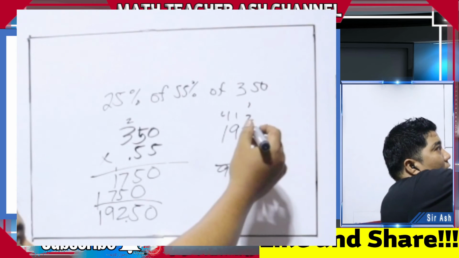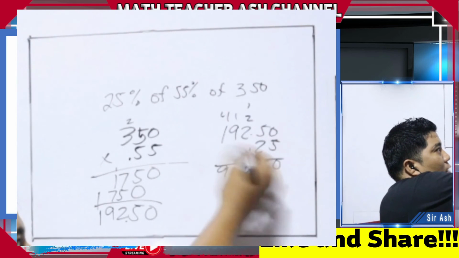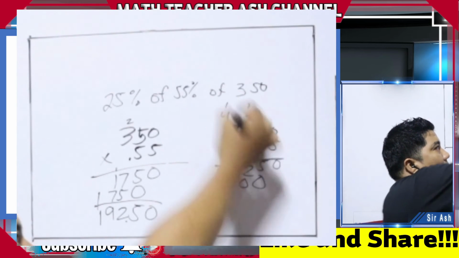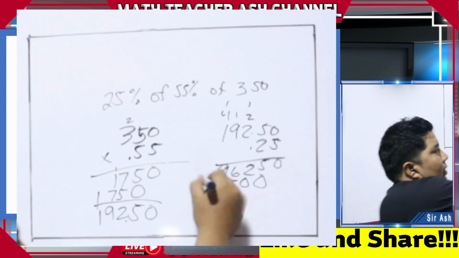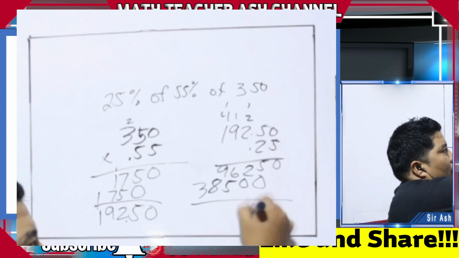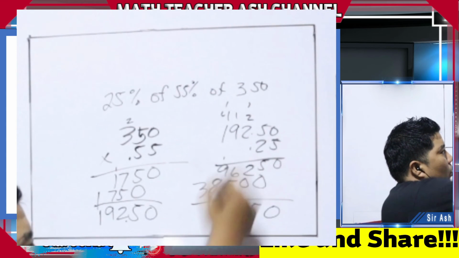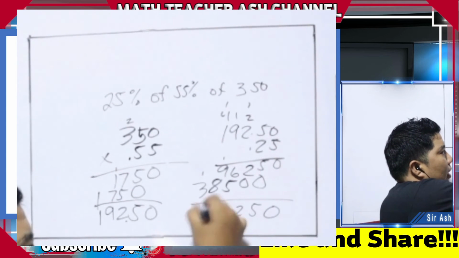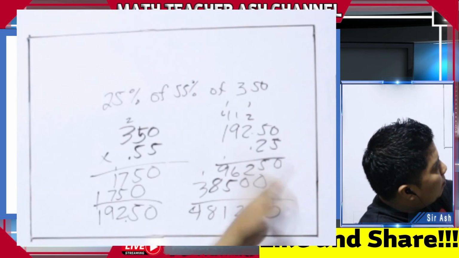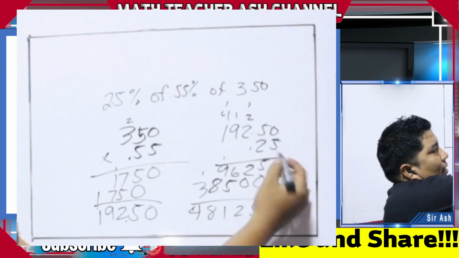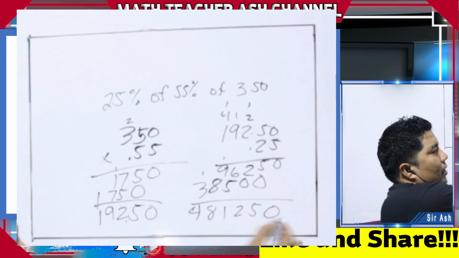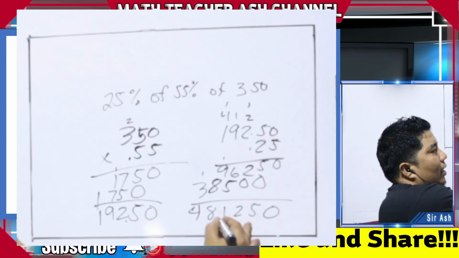Then 4, 5, 2 times 9 is 18, carry 1, and 2 plus 1 is 3. Alright, so that is 0, 5, 2, 6 plus 5, that is 11, carry 1, 18, carry 1, that is 4. So, bilang tayo ng apat na decimal kasi 1, 2, 3, 4, apat na decimal yan. So, dito natin ilalagay.